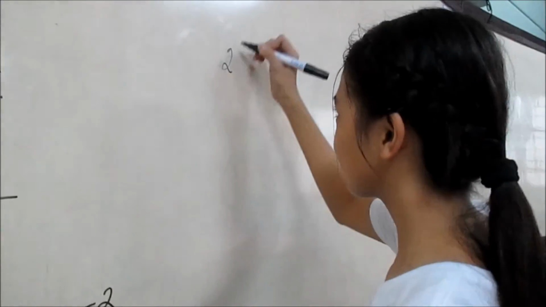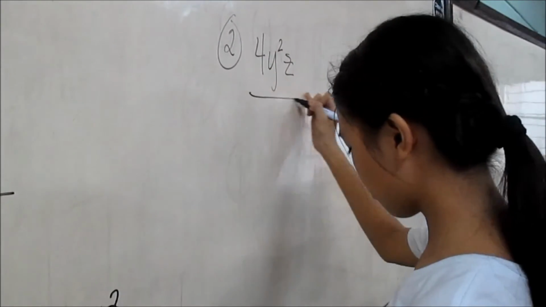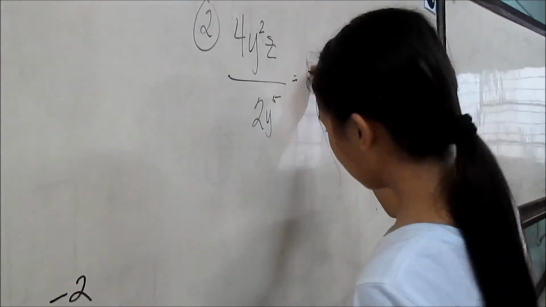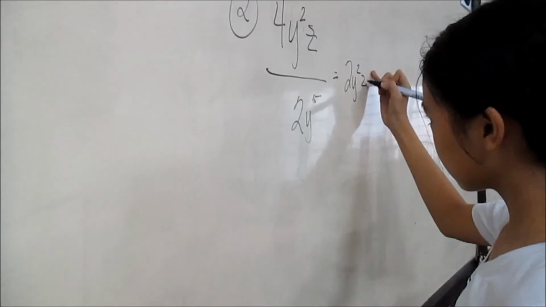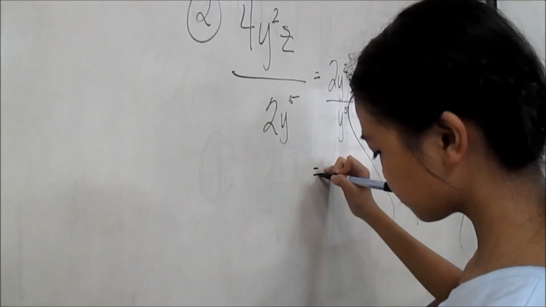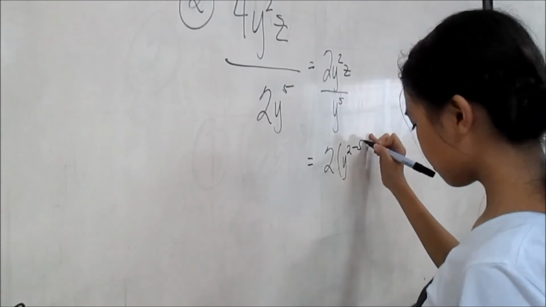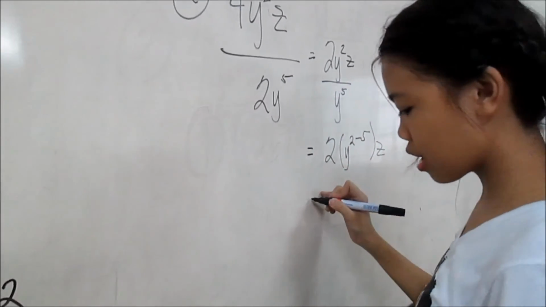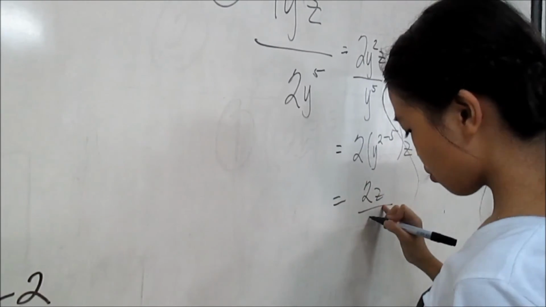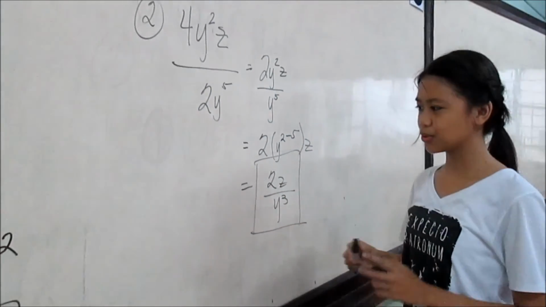Example number 2. 4y squared z over 2y raised to 5 is equal to 2y squared z over y raised to 5, which equals 2y raised to 2 minus 5 z, and the answer will be 2z over y raised to 3. So that's it.